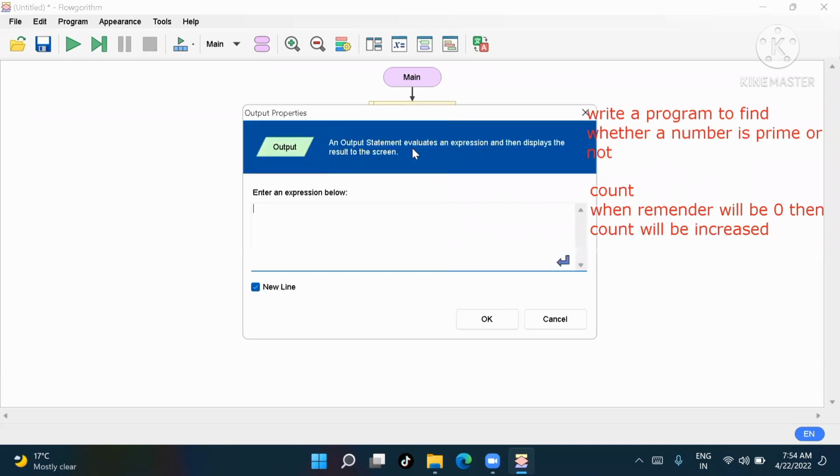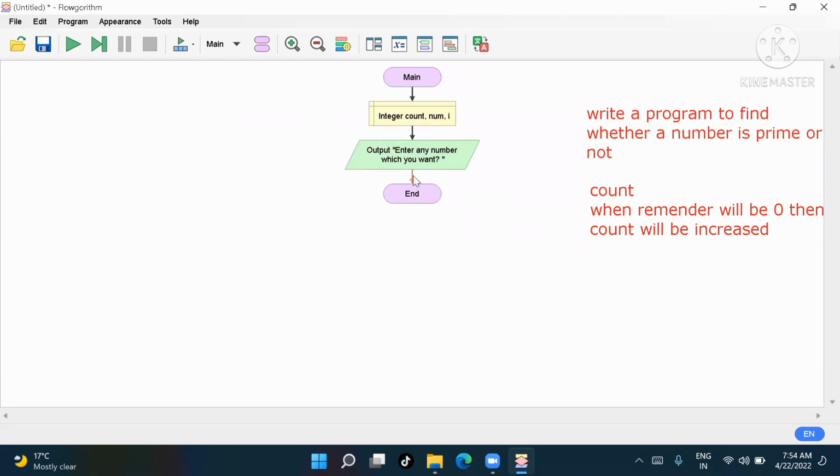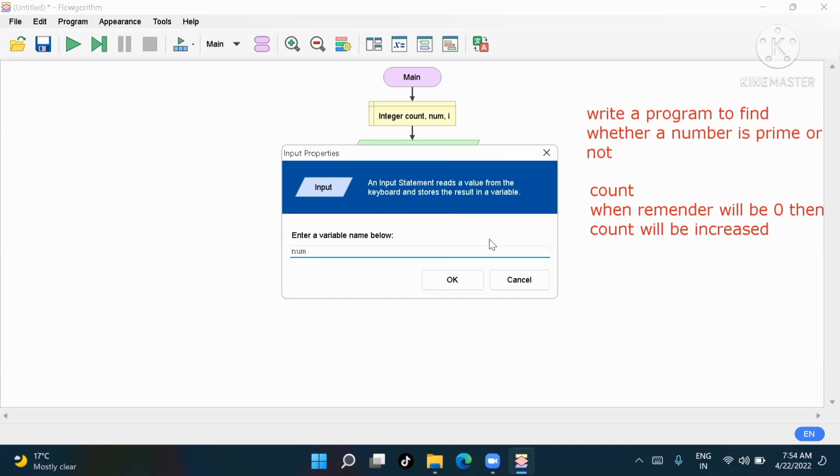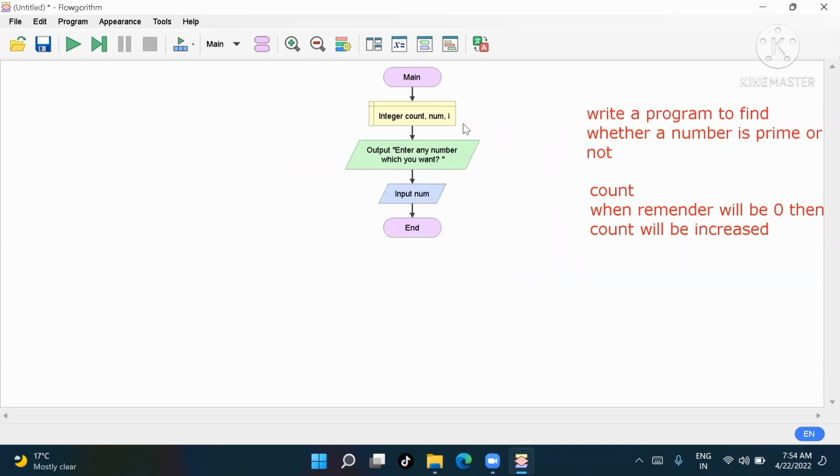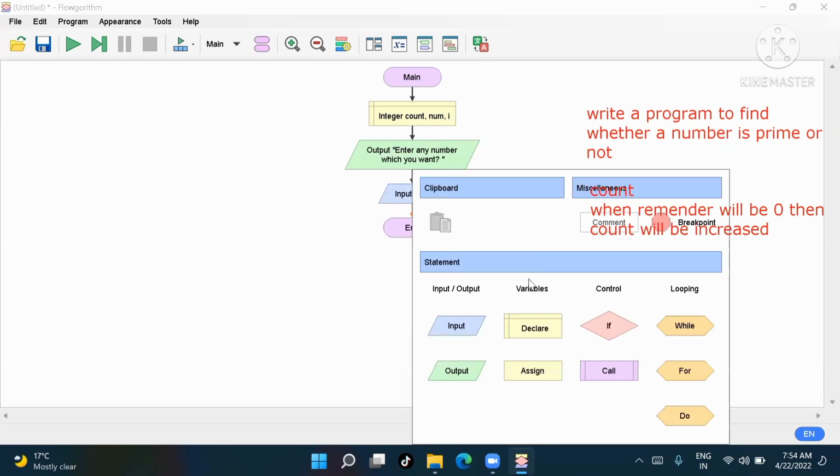Now what you have to do: go near output, write a prompt, enter any number which you want. Now give input num. Now what you will do, i equal to 1, you have to initialize in a for loop.